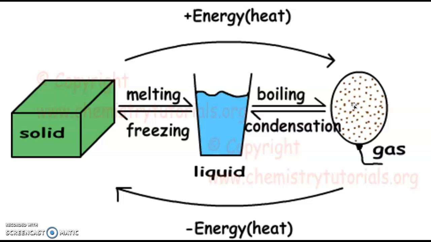As we decrease energy, or slow down those molecules, we are going to change the state of matter. So it will change from a gas to a liquid as we slow the molecules down or decrease the amount of energy. If we keep decreasing the amount of energy, then that liquid is going to turn to a solid. So this is a diagram you can draw on that last box.